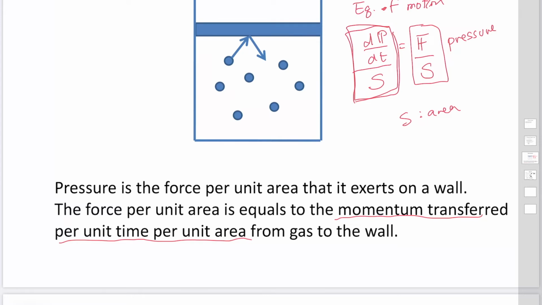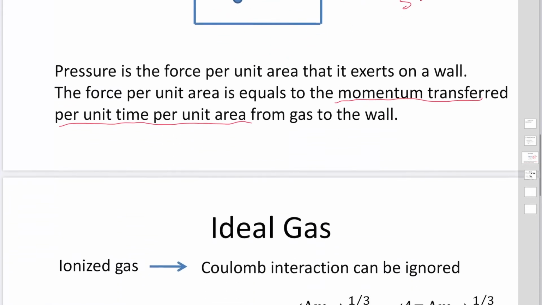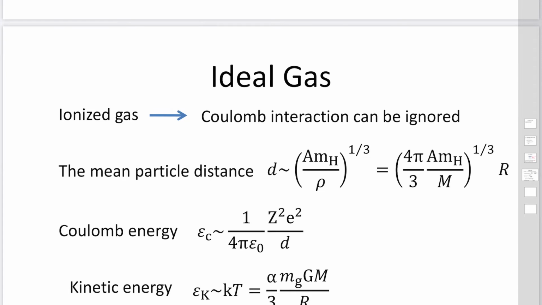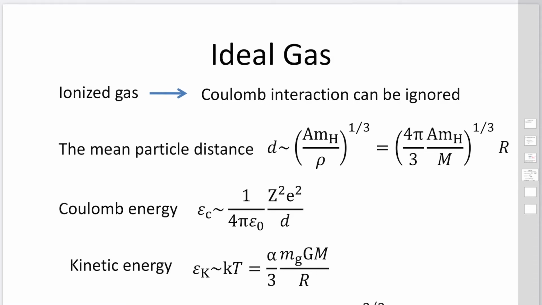First of all, we'd like to check if we can use the ideal gas assumption. Ideal gas means the Coulomb interaction can be ignored. We have protons, a major important element forming stars, with a positive charge, and electrons with a negative charge.